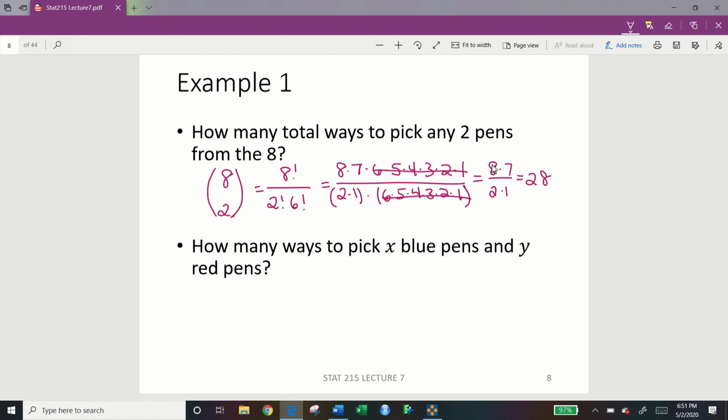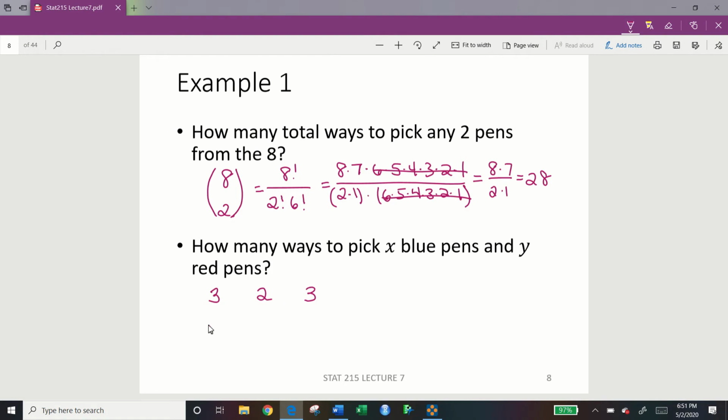Well, we know that there are 3 blue pens, 2 red pens, and 3 green pens.